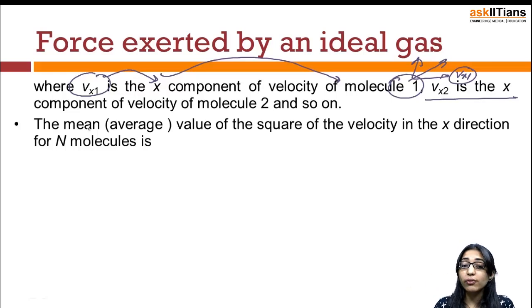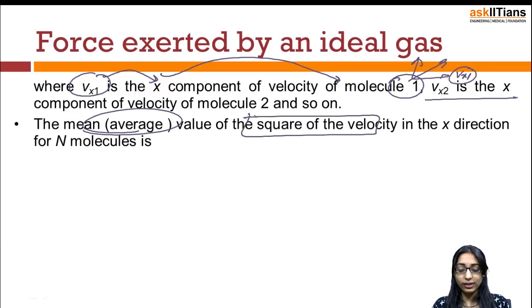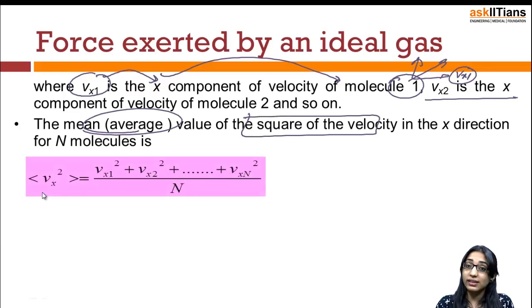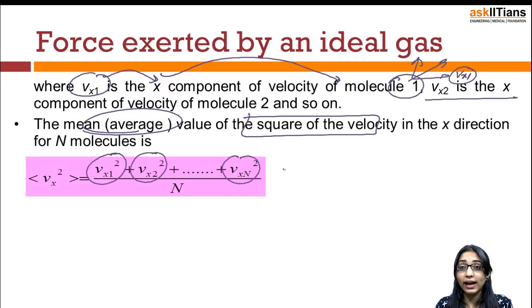So I'm talking here about the mean average value of the square of velocity in the x direction for all the N molecules. That can be stated as, see, you have Vx1 square, Vx2 square, Vx3 square, up to Vxn square, which is nothing but the square of the velocity of N molecules in the x direction.